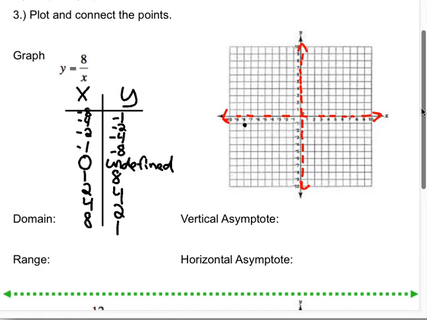So -8, -1, -4, -2, -2, -4, -1, -8, 1, 8, 2, 4, 4, 2, 8, 1. And you can see that curvature that I was talking about.